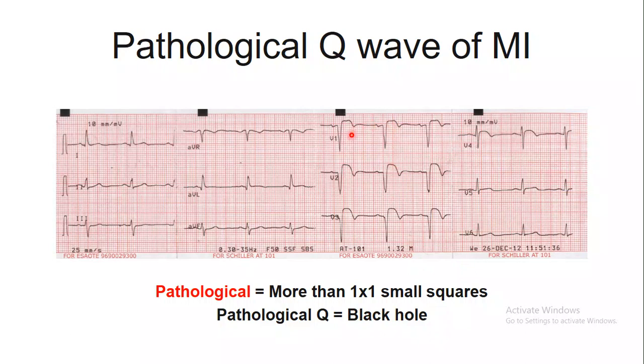So here we have a pathological deep and wide Q wave at V1, V2, V3 that is more than 1 small square in duration and depth. This denotes previous myocardial infarction in the septal and anterior wall in this patient.